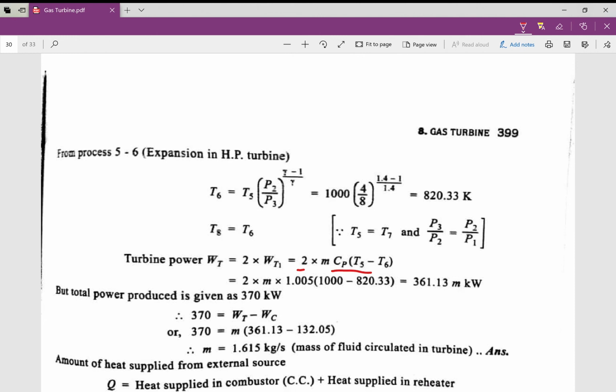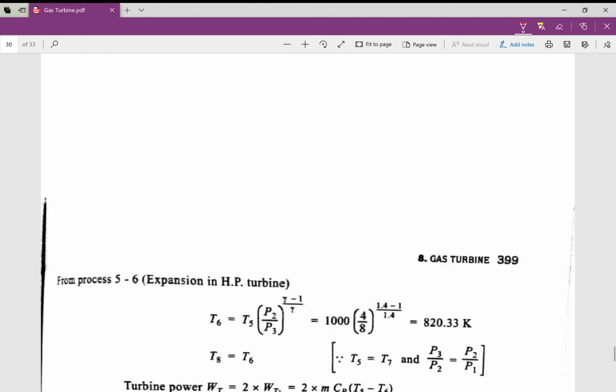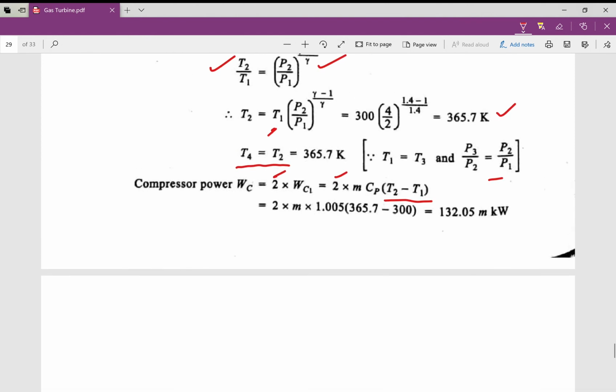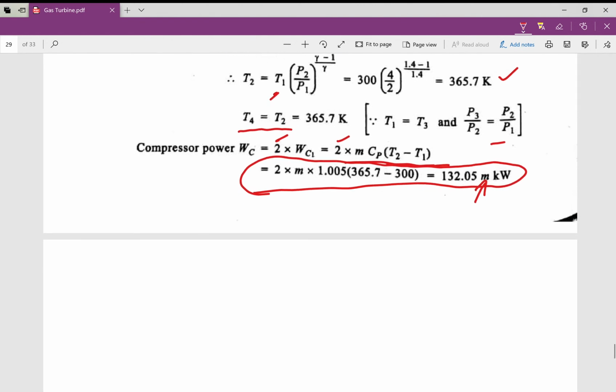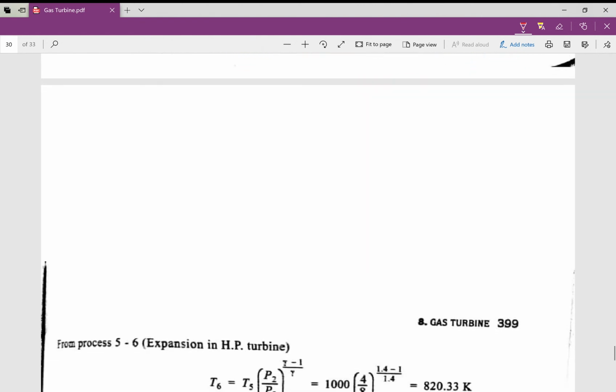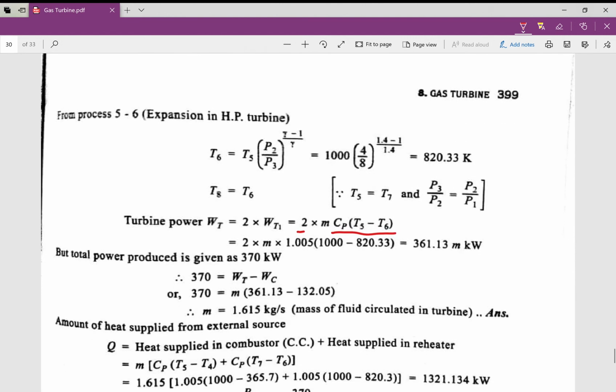So it is written like this: T2 minus T1. In this way we can calculate compressor work in terms of mass. Mass of air is not given yet. So in terms of mass we can write this much amount of work is supplied to both compressors altogether.